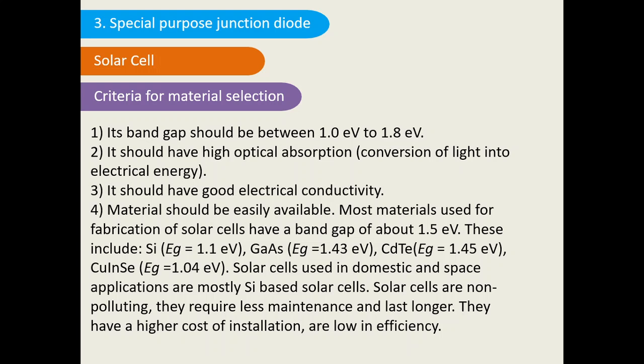This includes silicon, with a band gap of 1.1 electron volt; gallium arsenide, 1.43 electron volt; CdTe, 1.45 electron volts; while CuInSe has a band gap of about 1.04 electron volts. So ideally it is between 1 electron volt and 1.8 electron volt.